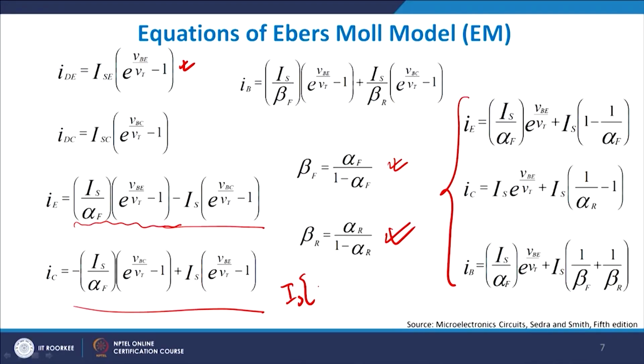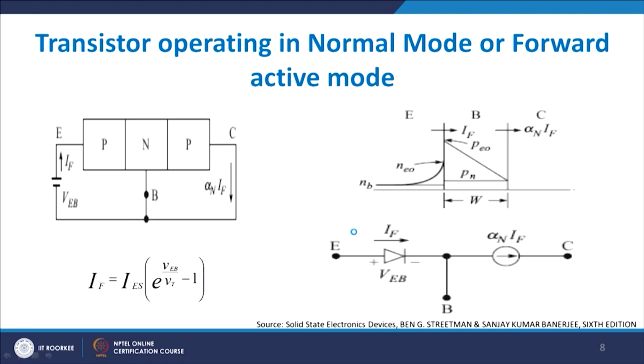So I get IS common, and I get 1 by alpha multiplied by (e to the power VBE by VT minus 1). We can get something like this for our understanding purposes. The same thing happens if you take the negative value for your Ebers Moll model.